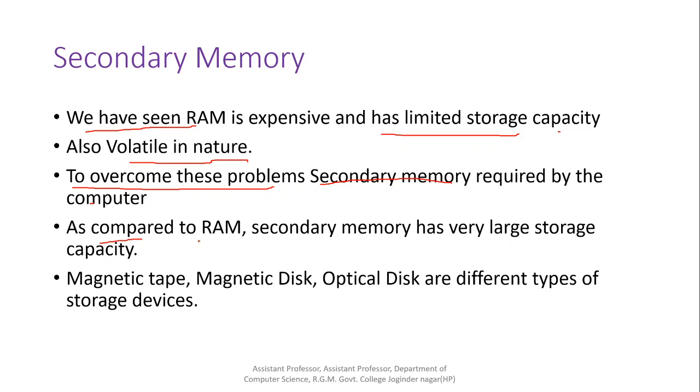Examples of secondary memory are magnetic tape, magnetic disk, and optical disk. All are different types of storage devices or secondary memories.